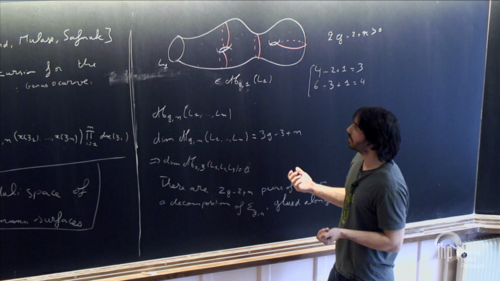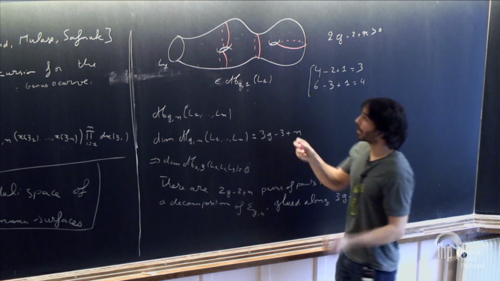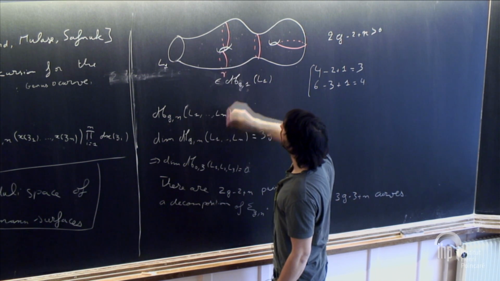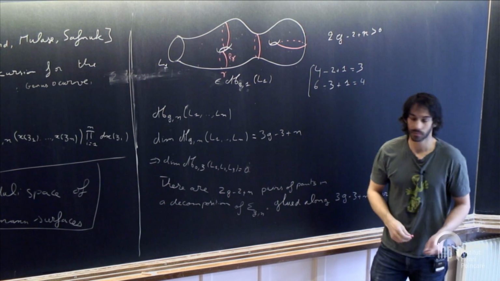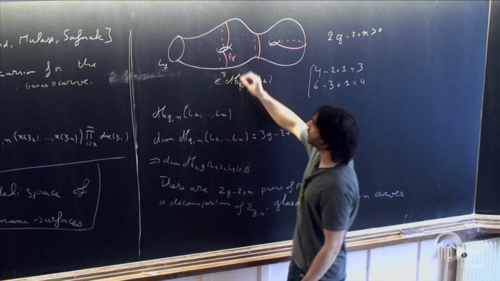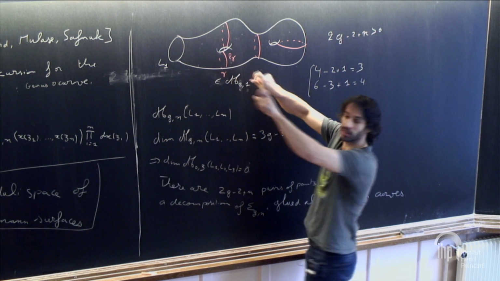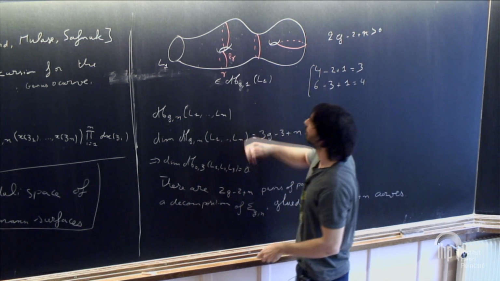The information I need now is just to know how I glue them together. So for each curve, for each gamma, I need to know the length of this curve.